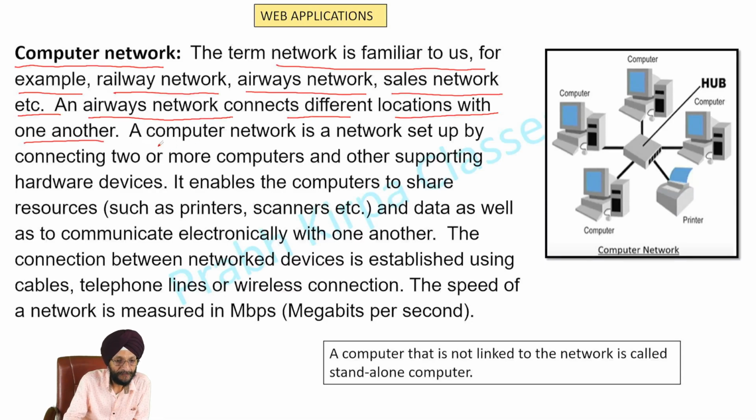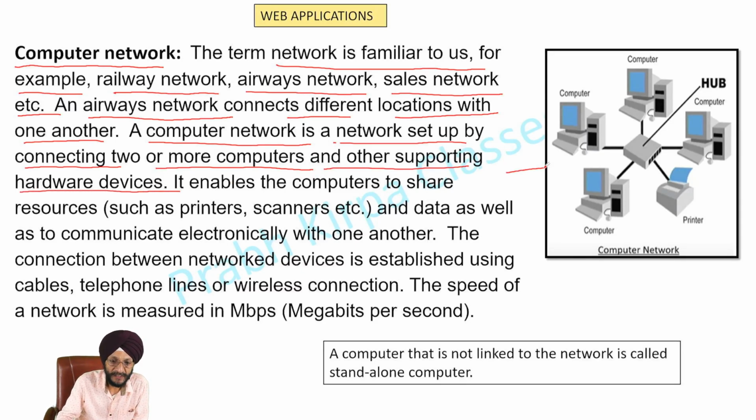In the same way, a computer network is a network set up by connecting two or more computers and other supporting hardware devices. In this picture, you can see that computers are connected to each other, and there are also some other devices like printers which are also connected to the computer network.